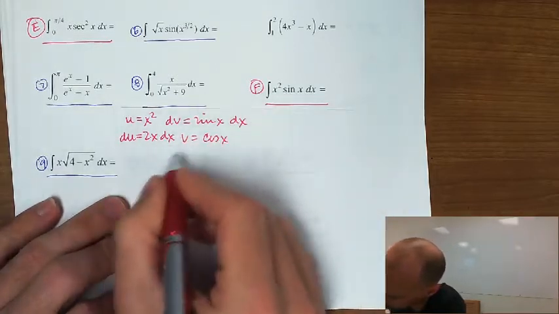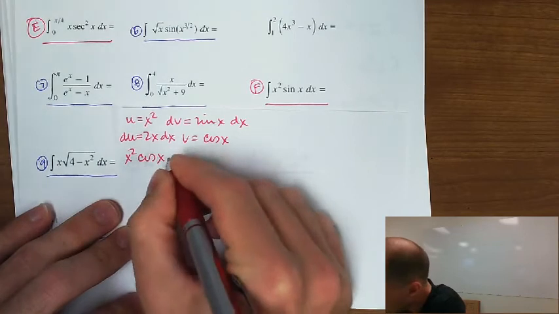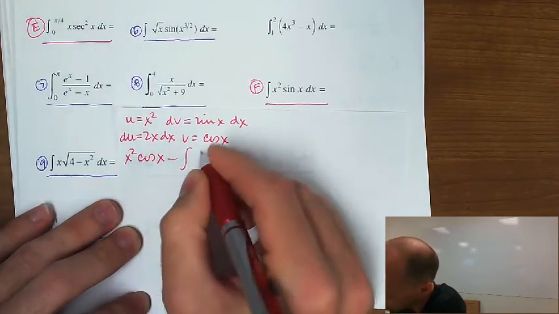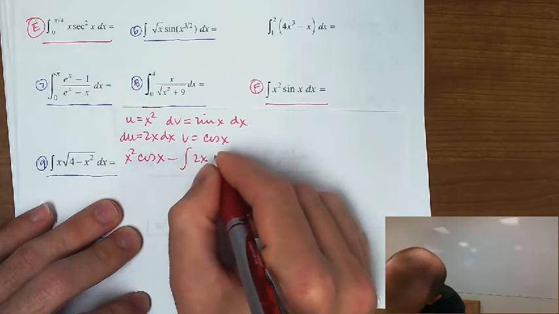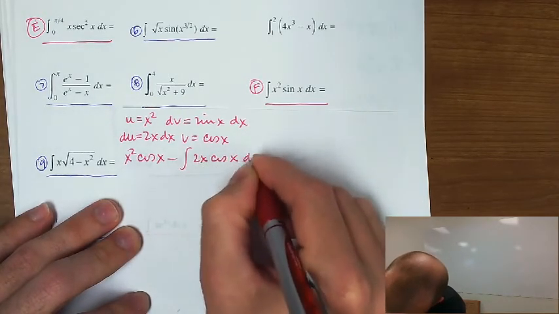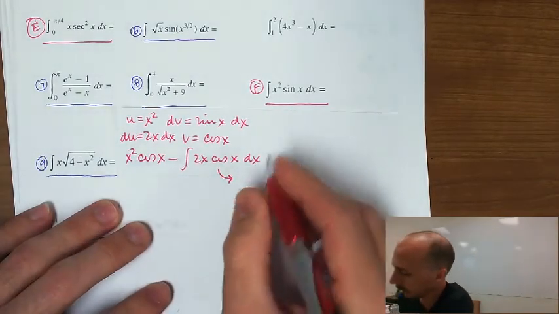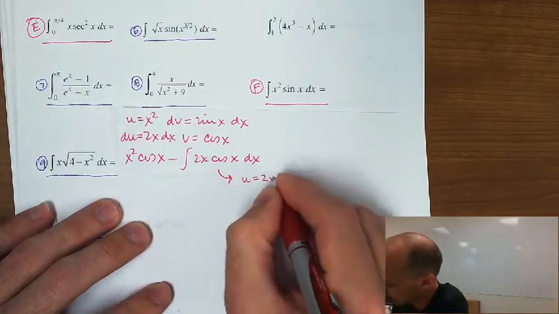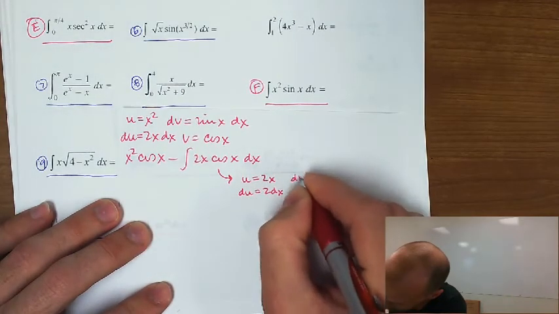V is cosine x. Okay, so this integral is going to be uv minus the integral of v du. Okay, now I'm going to have to do integration by parts on this thing. So I'm going to let u equal 2x, du is 2 dx.